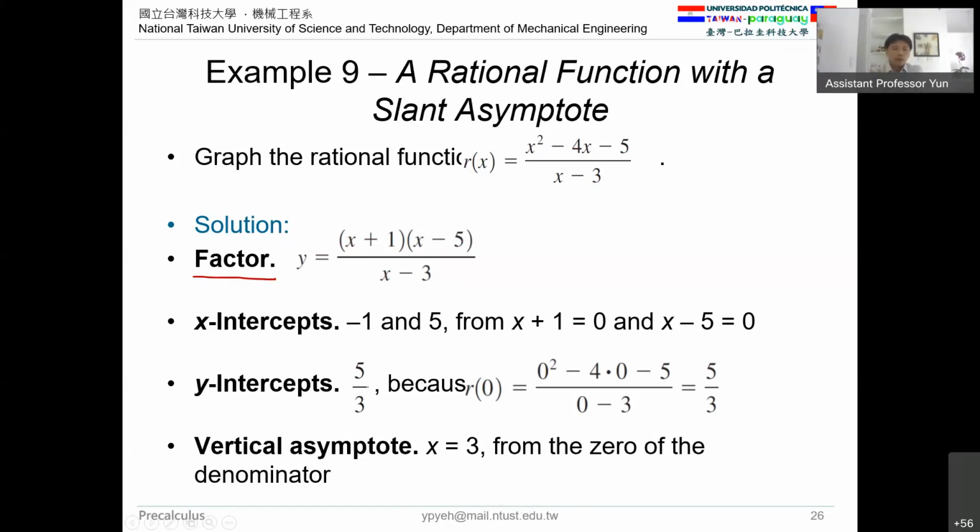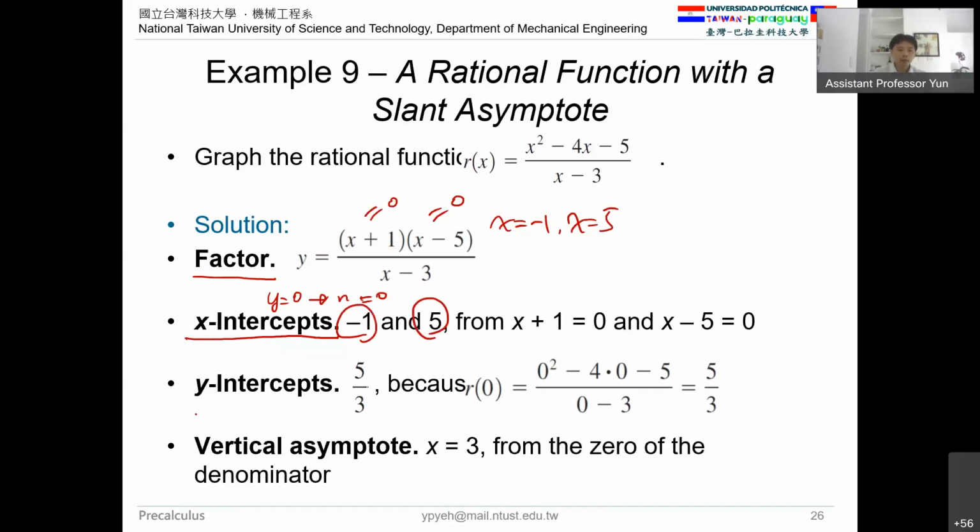Okay, and then find the x intercept, which is when y equals 0, which means the numerator will equal zero. So x equal to minus 1 and x equal to 5 will be the x intercepts, in these two.